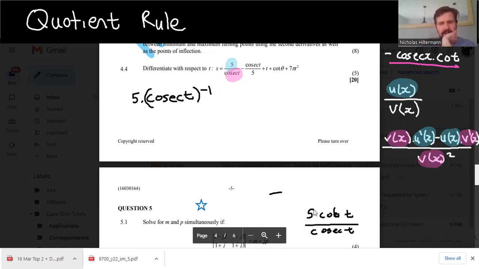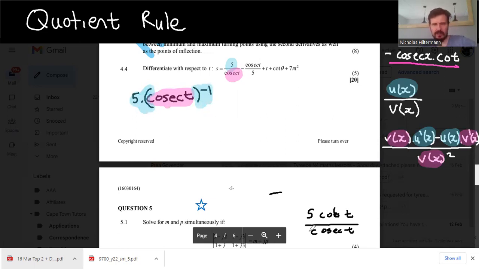And so the chain rule, as we saw in that first video, is the inside-outside rule. So what I do is I find the derivative of the inside, then I times by the derivative of the outside. Okay, so let's see how that works.